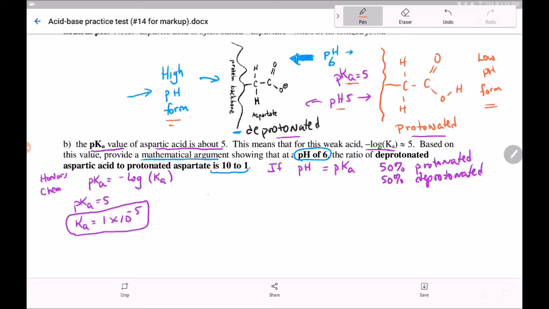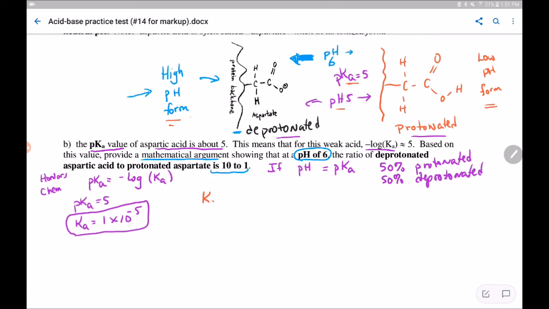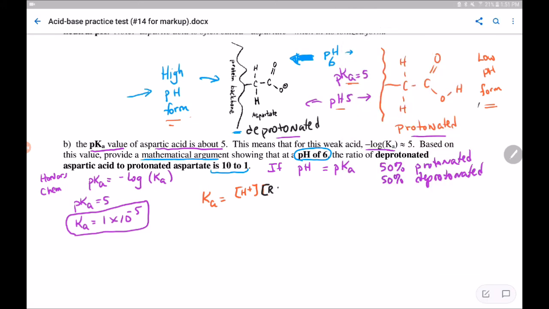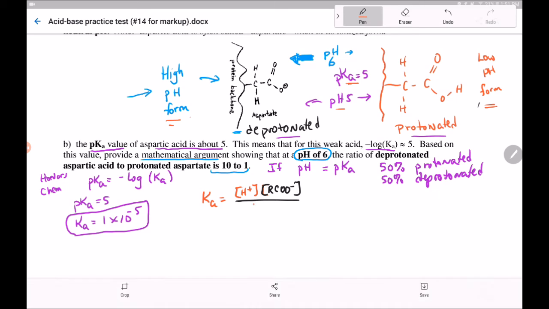Now, let's do the math. Ka is the molarity of H plus times the molarity of the deprotonated form, the RCOO minus. And on the bottom will be the associated form, RCOOH.